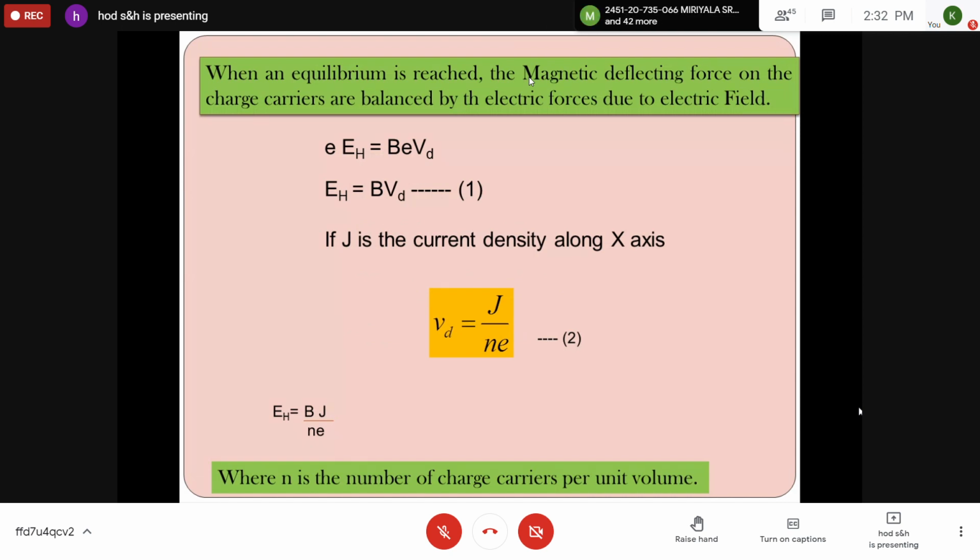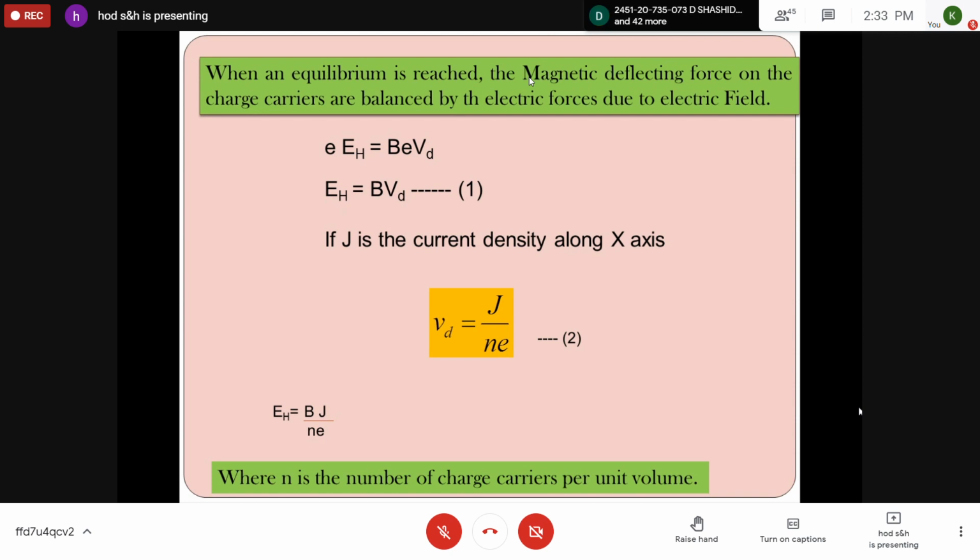Because of the magnetic field, the electrons experience a force in the negative z direction, represented by BeVD. The balancing force is nothing but the electric force, represented by e into EH. Only then will the electrons not cross the material. So at equilibrium, these two are equal. Then you can write EH is equal to BVD, and the expression for current density in terms of drift velocity is VD is equal to J by Ne.